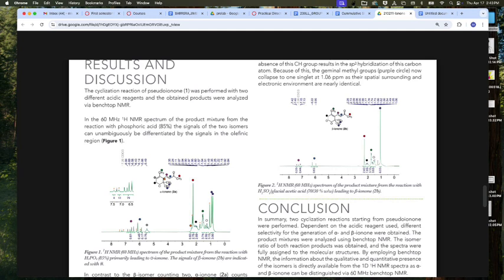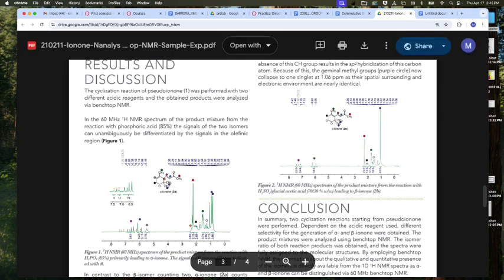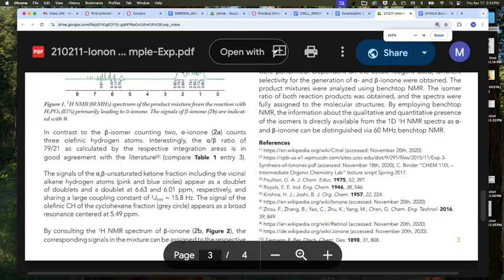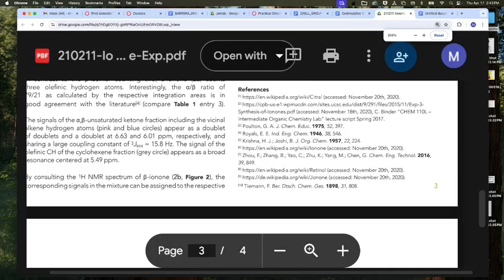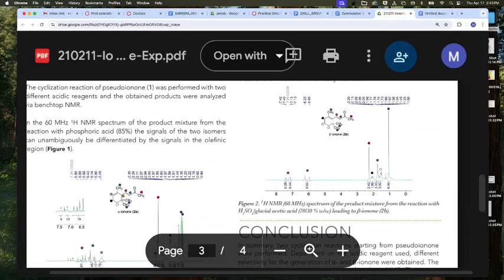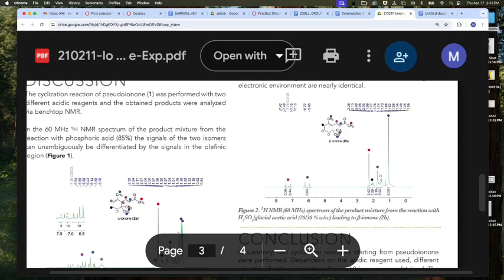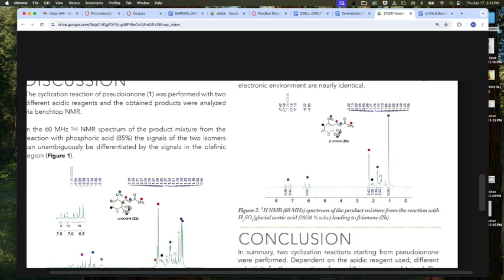Okay. Data analysis: what we've got in this document are now 2 NMR spectra that are of particular relevance. So we'll zoom in. Come on, stop being a punk. Okay, figure 2 shows us the NMR for the beta ionone, one of the ionone products.